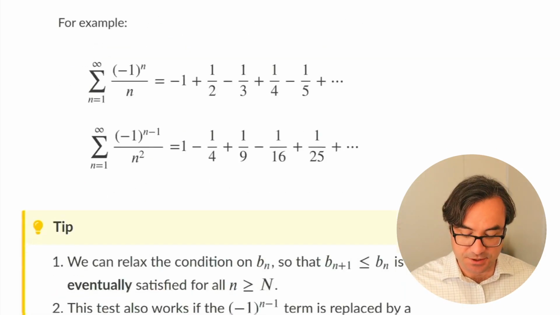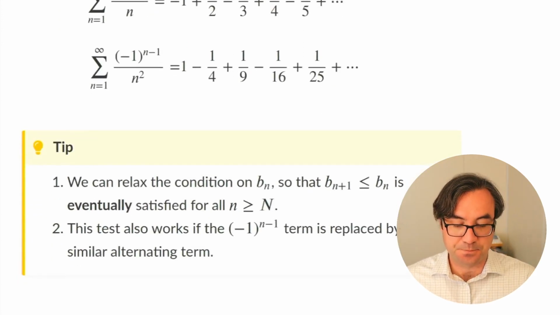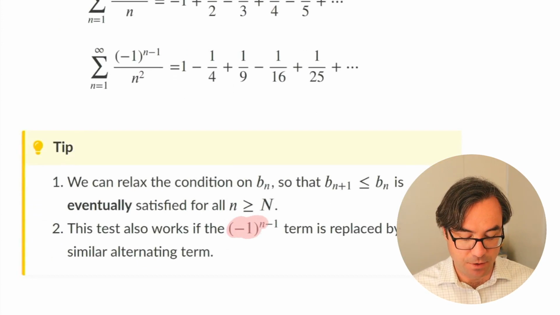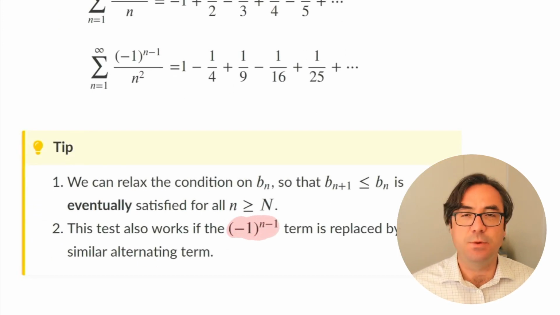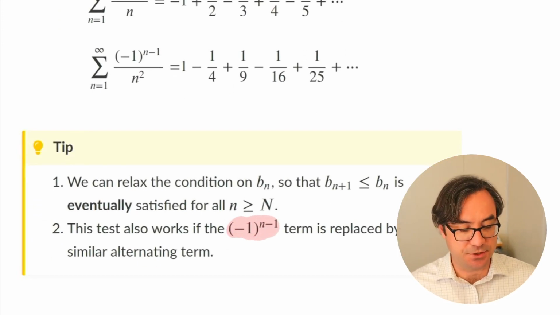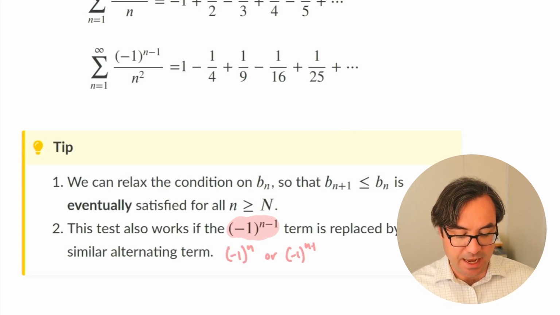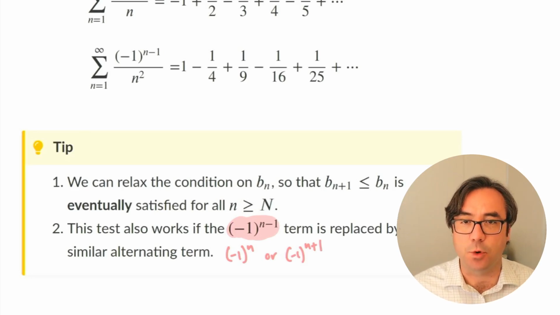This test works if that alternating piece, that negative 1 raised to the n minus 1, we can replace with similar terms. Probably some of the more common are negative 1 raised to the power n, or negative 1 raised to the n plus 1. Those are probably the more common ones here.